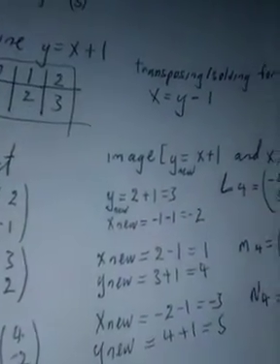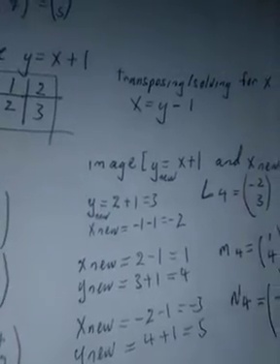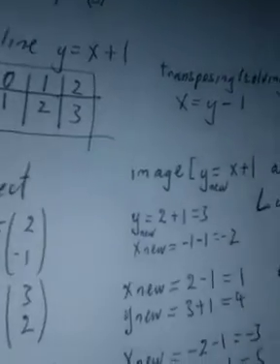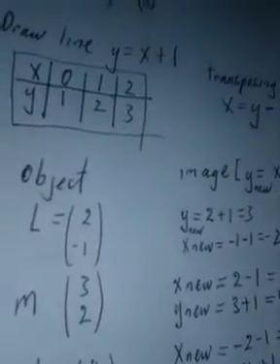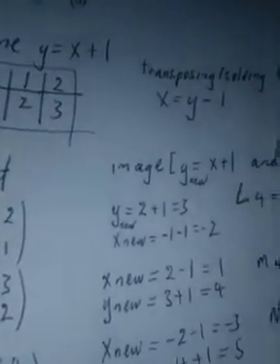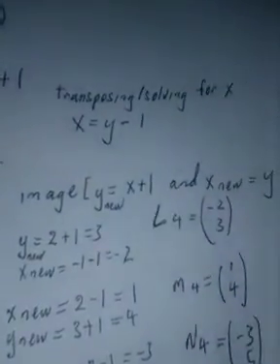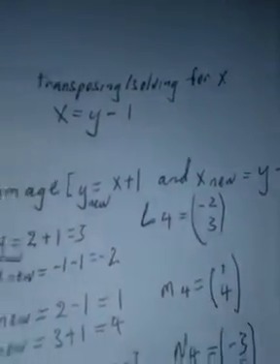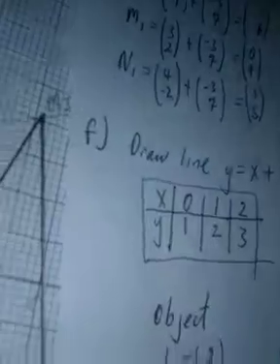So the first one, the y new is equal to the old x, which is 2, plus 1, which is 3. X new is equal to y minus 1, it's minus 1 minus 2, so minus 2 and 3. So when x is minus 2, y is 3. See that? So that's my point L4.